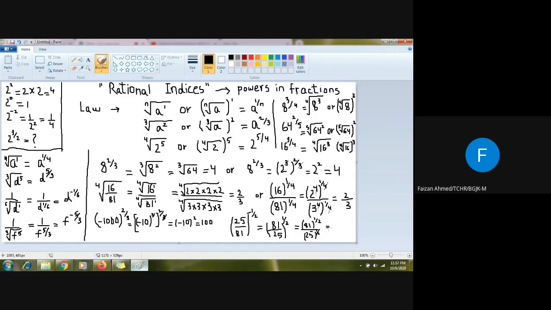So I know that 9 square is basically 81. So I will write 9 square, and then I will multiply it with half, because these are double powers, so they will be multiplied. And again I will have to write 25 as 5 square.